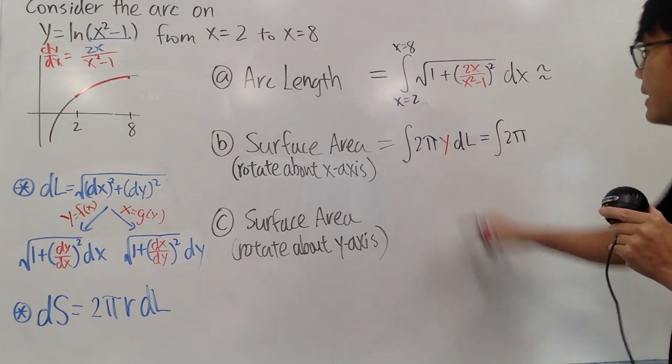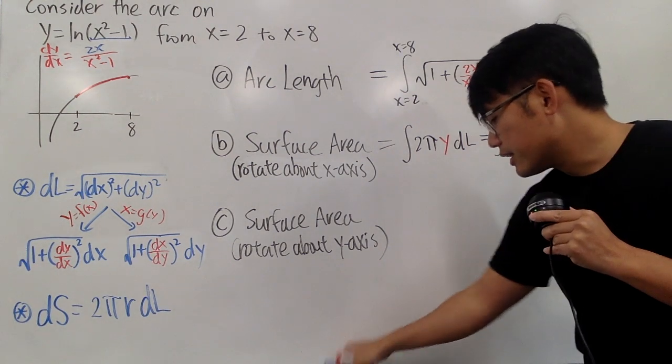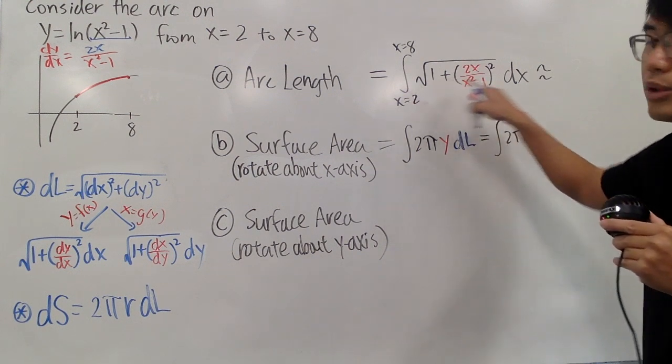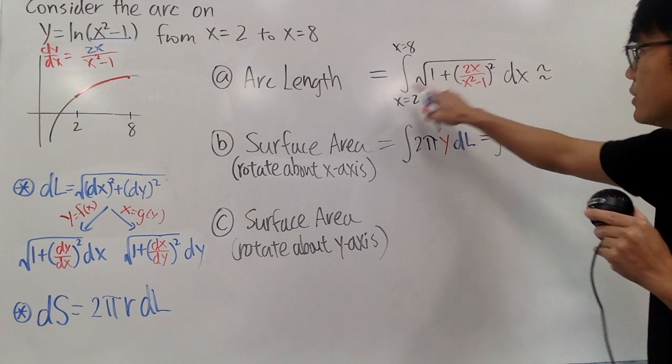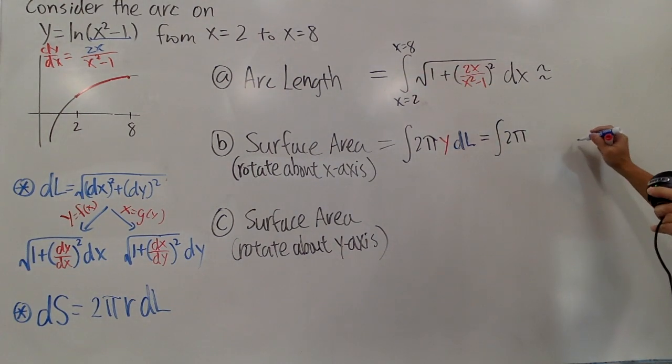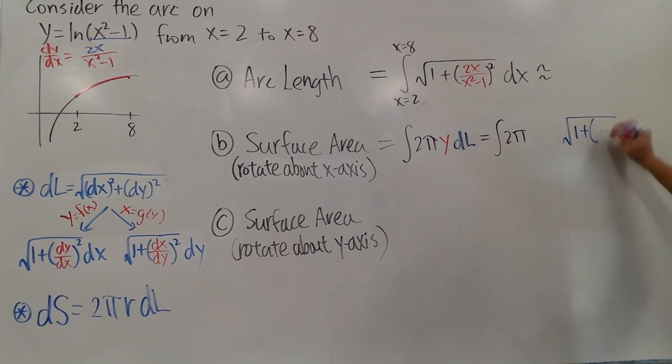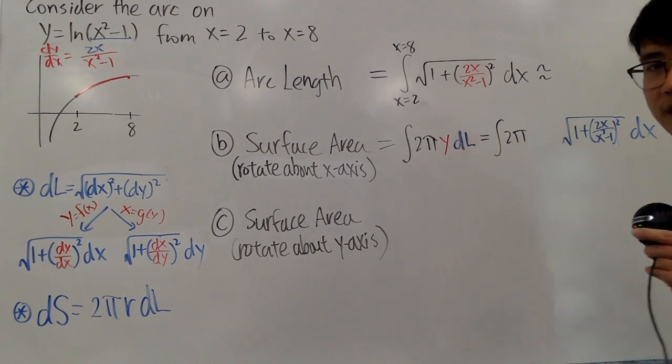We have this y, but again, for the dl, it's pretty much the first part, just the inside without the integration, of course. So let me put that down right here. We have the square root of 1 plus parentheses 2x over x squared minus 1, and you square all this, and you have to have the dx on the very outside.